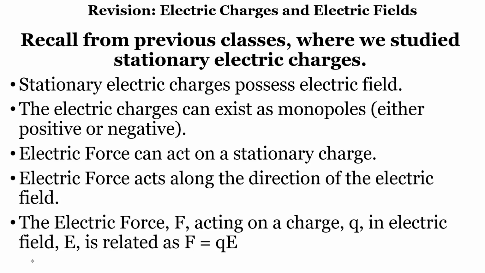The electric field strength reduces as you move away from that charge by a square of the distance with which you move away. The strength of that field depends on the magnitude of the charge.